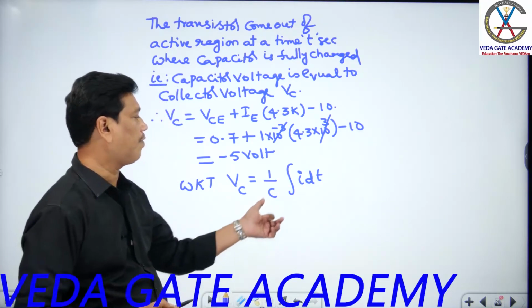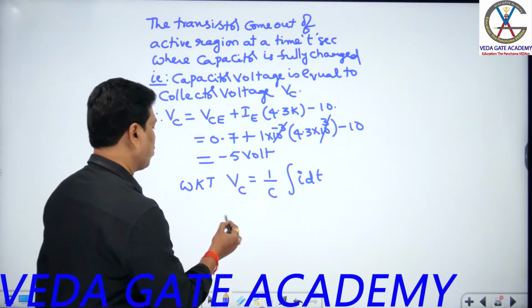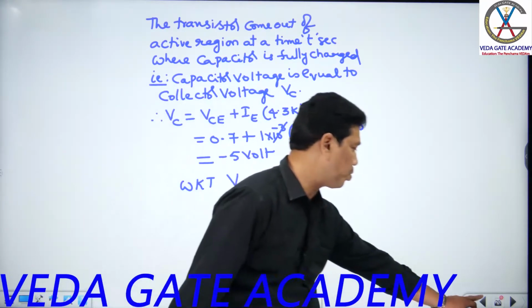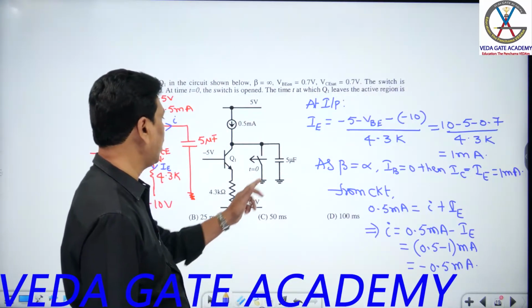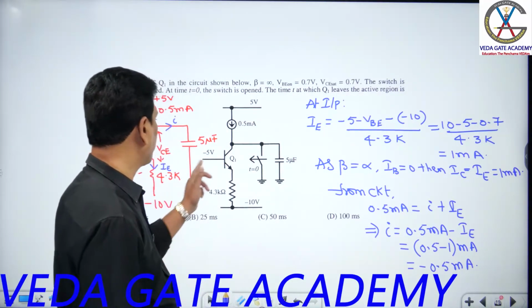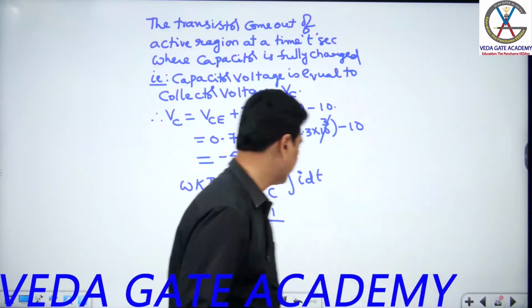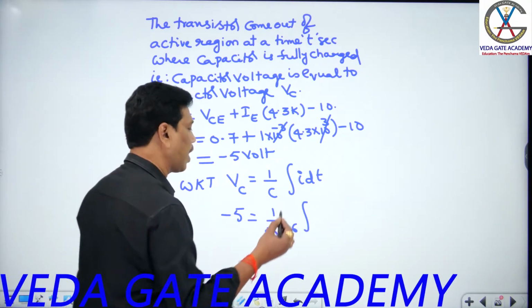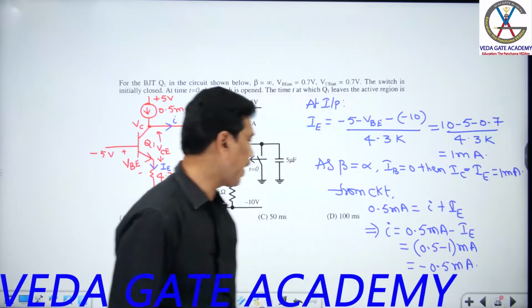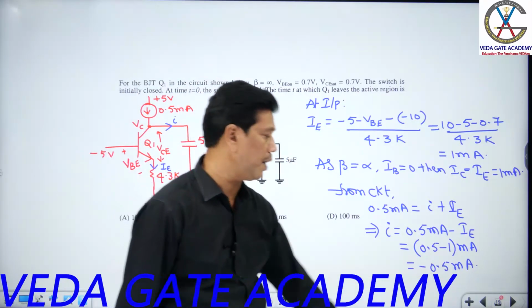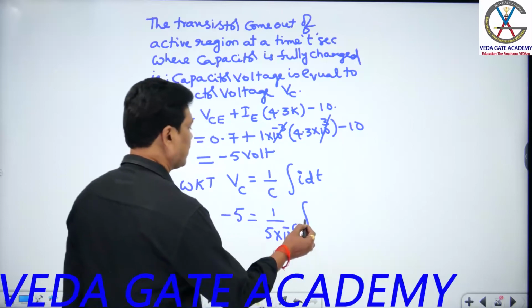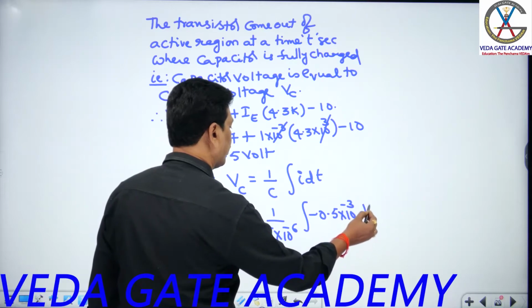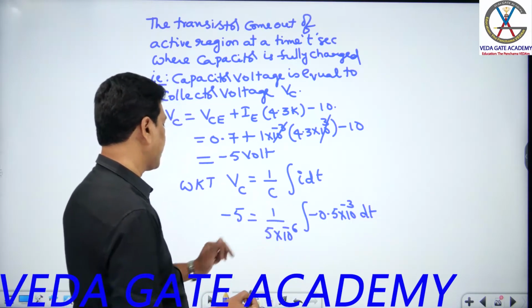VC equals minus 5 volt, and C is the capacitance, given as 5 microfarad. So minus 5 equals 1 over 5 into 10 power minus 6 integral of I dt, where I is the capacitor current we calculated, minus 0.5 milliampere, dt. The minus signs cancel out, students.